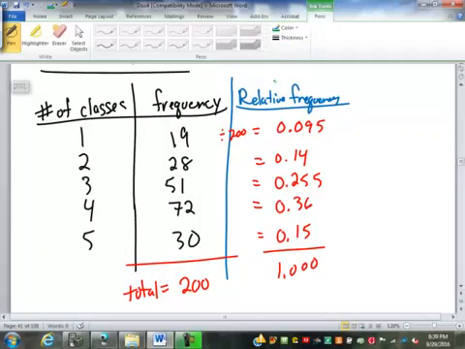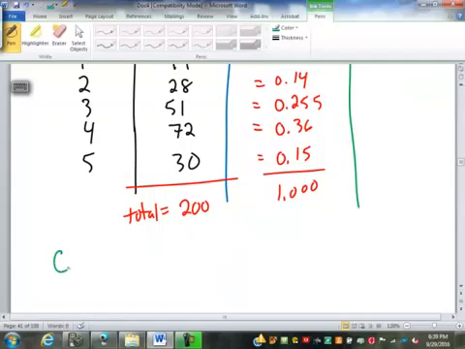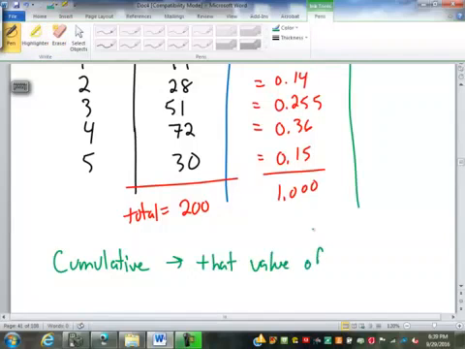With quantitative data, with numerical data, there's a third type of frequency we can worry about. It's called cumulative frequency. What cumulative frequency deals with is that value or less.